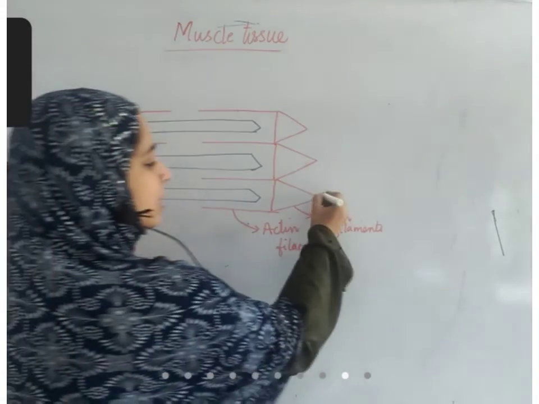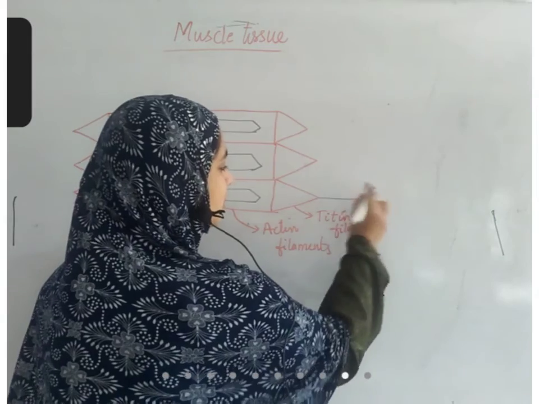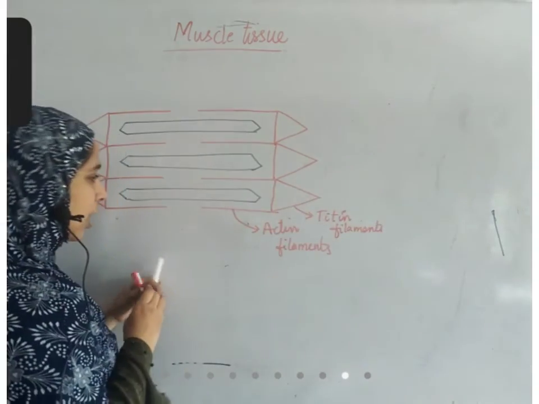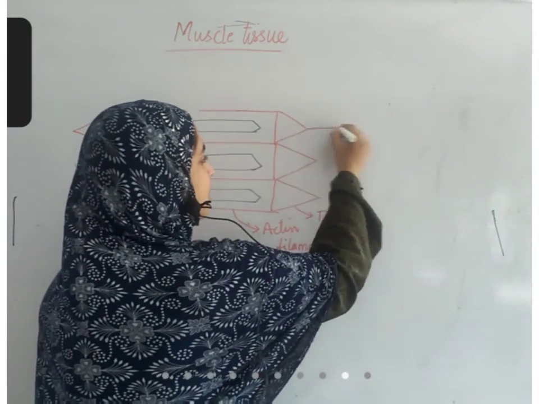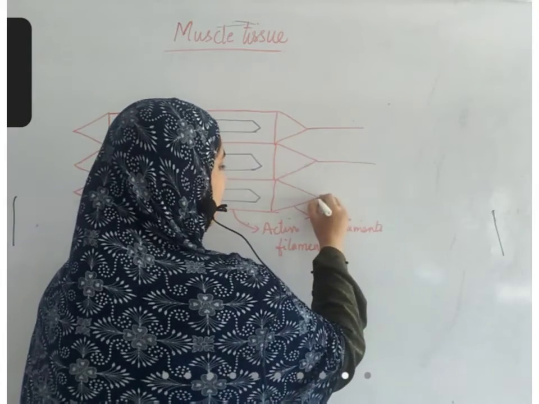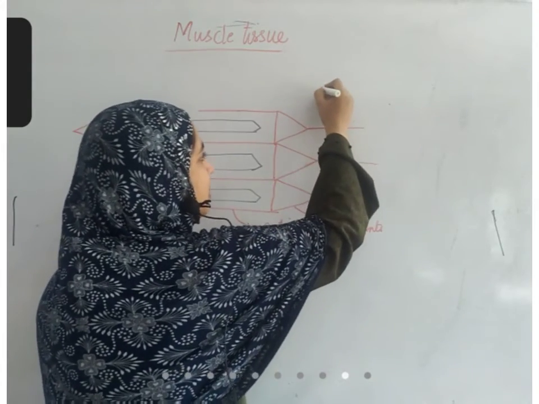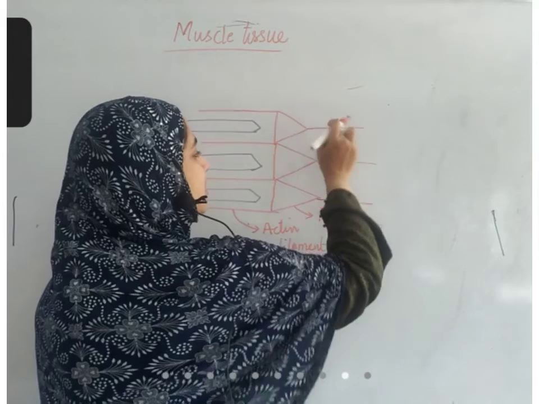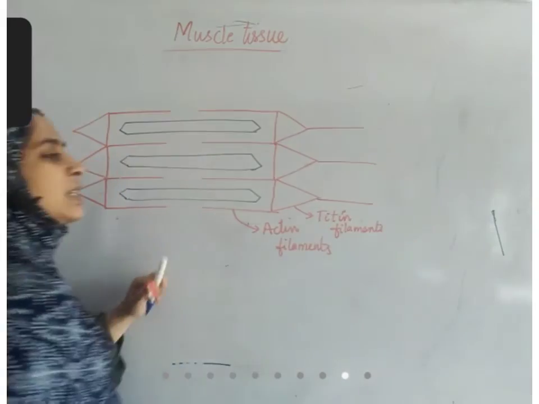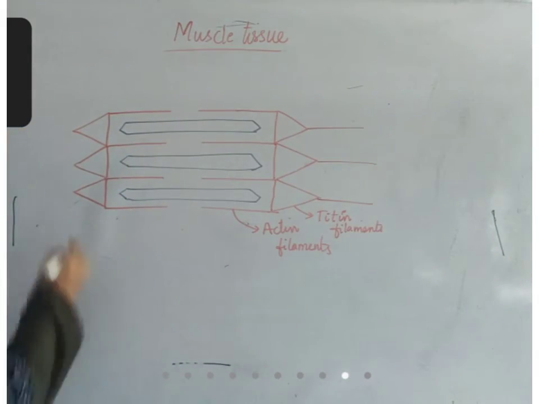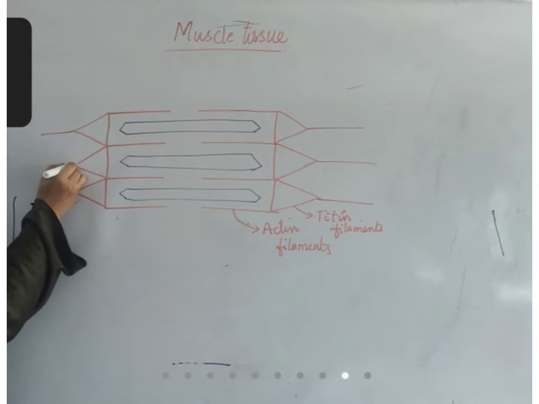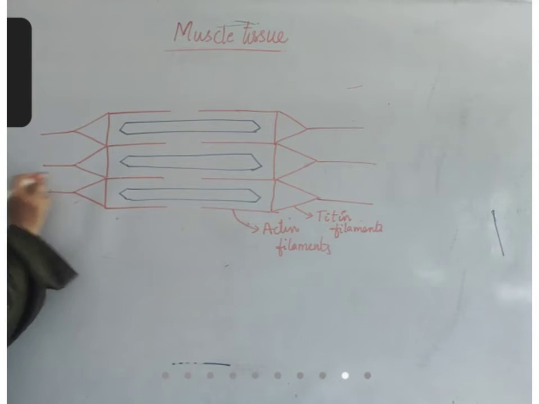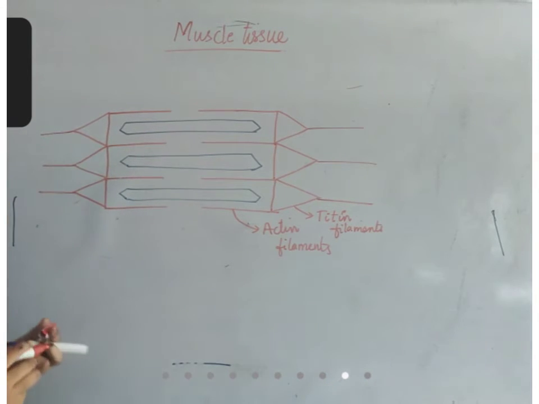So this is not ending here. Next, the sarcomere begins. So this will be the next sarcomere. Here, the next myofibril filament will be there. Here, these are actin filaments, myosin filaments. Again, it continues like that. This side also it continues. This is again actin filament, actin filament, actin filament. In between, myosin will be.